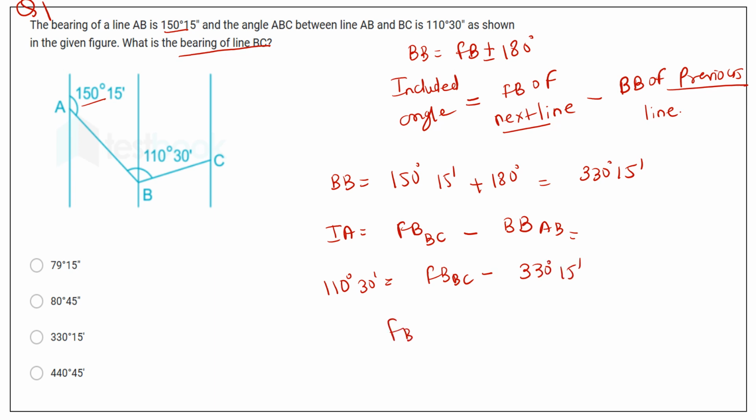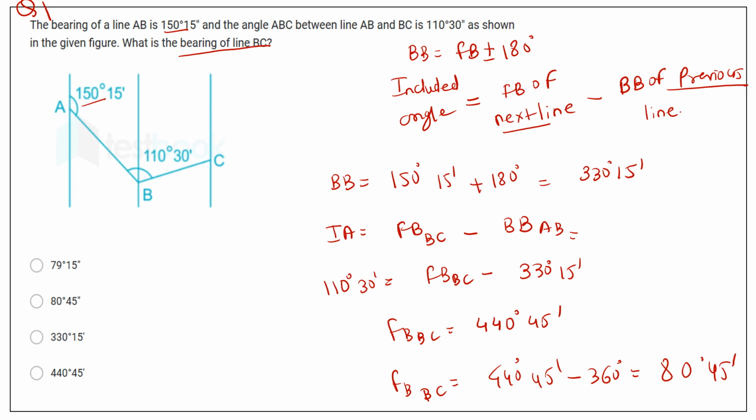So fore bearing of BC is equal to 440 degree 45 minutes. Then this fore bearing of BC is more than 360 degree, so that's why minus 360 degree from this value. So here we get 80 degree 45 minutes as the fore bearing of BC. So option number second is correct here.